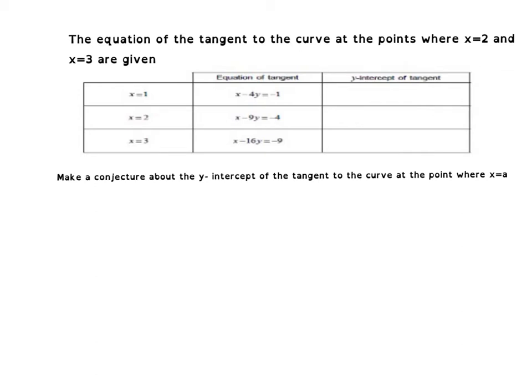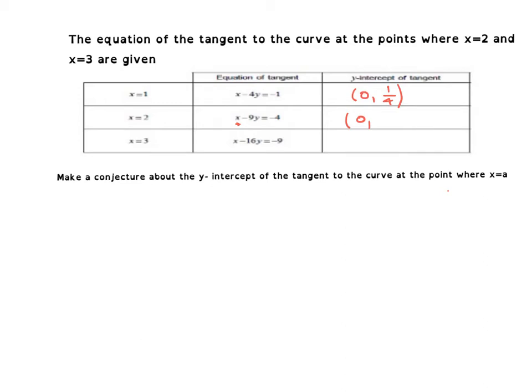We have to find the y-intercept of each tangent. For this one, we already know x is 0 and y is 1/4, which we already calculated. For this one, the y-intercept: x is 0, so we're going to have negative 9y equal to negative 4.